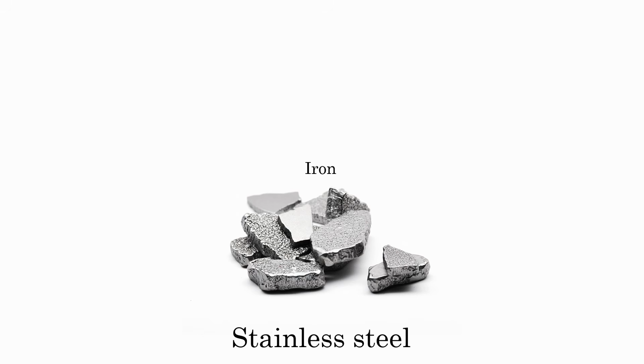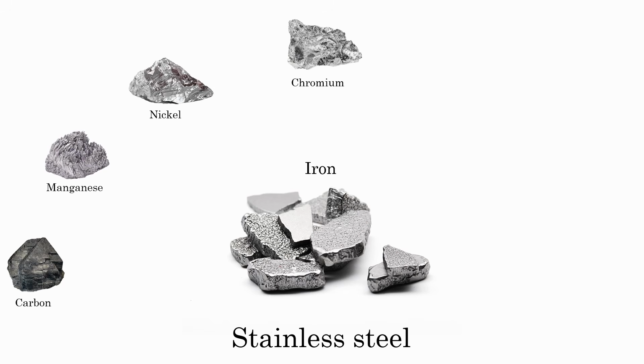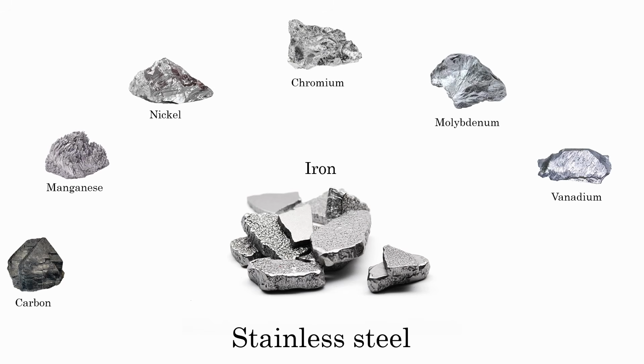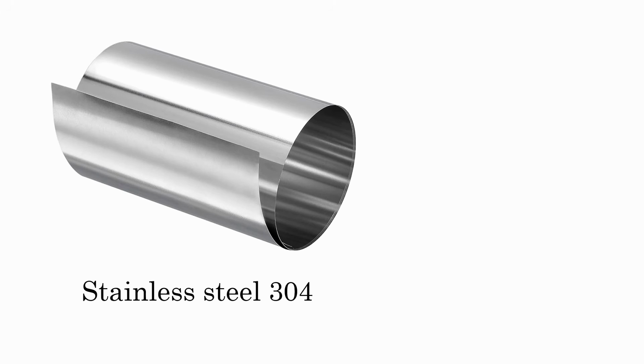Stainless steel is an alloy of iron with other elements like carbon, nickel, molybdenum, manganese, and others, just like any other steel. But what makes it stainless is the presence of a minimum of 10.5% chromium. Most stainless steels contain much more than this. For example, stainless steel 304 has around 18 to 20% chromium.